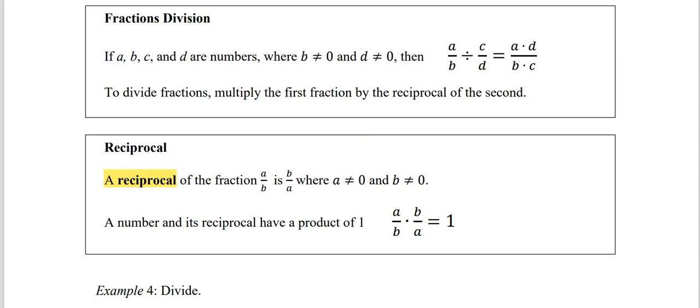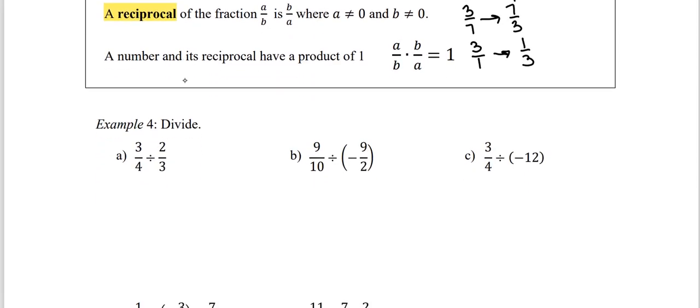Some examples of reciprocals could include 1 over 2 and 2 over 1. We can have 3 over 7 turn into 7 over 3. And if you have a whole number, you can always write the whole number as put in over 1, 3 over 1 will change into 1 over 3. So those are the most common cases of your reciprocals.